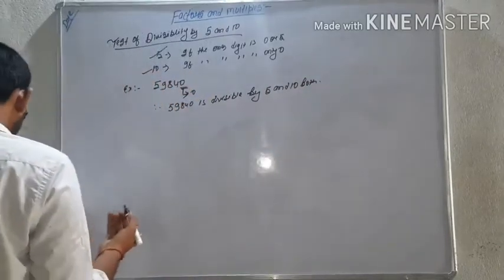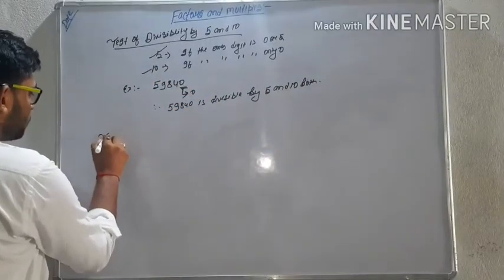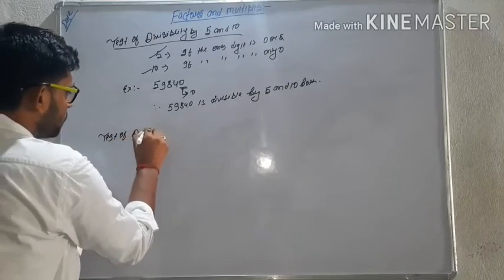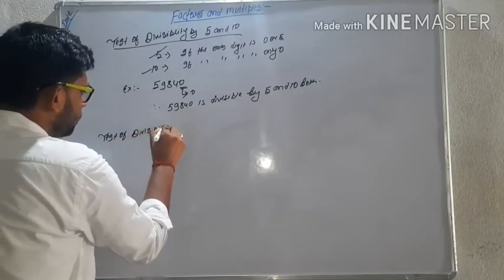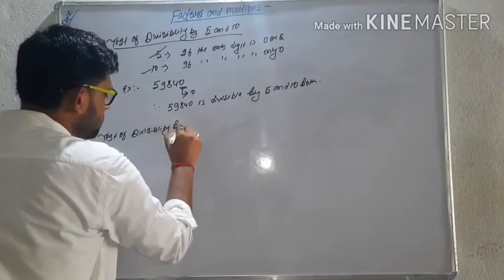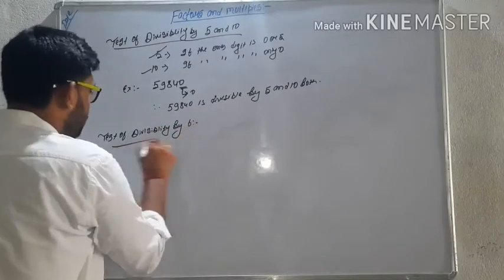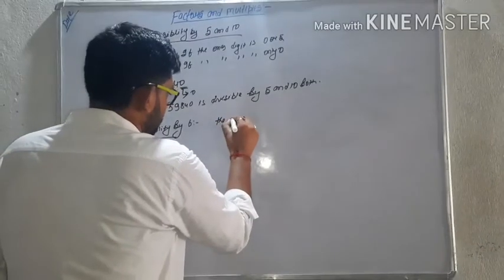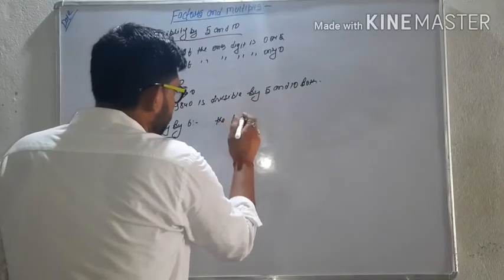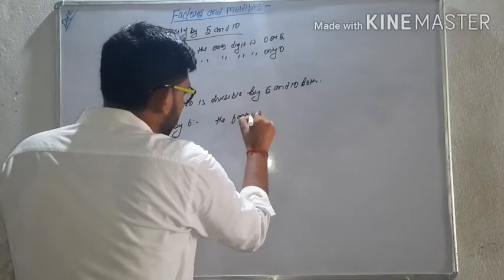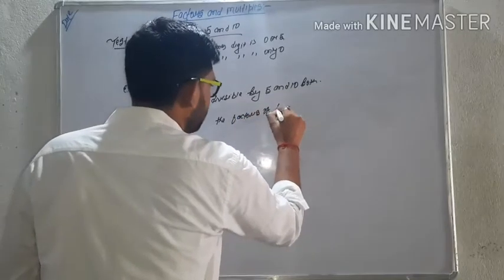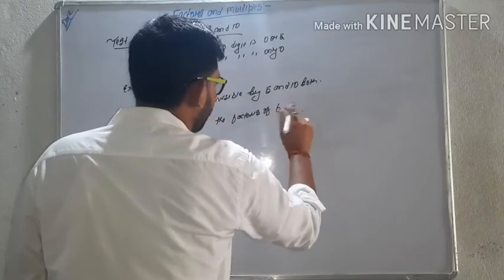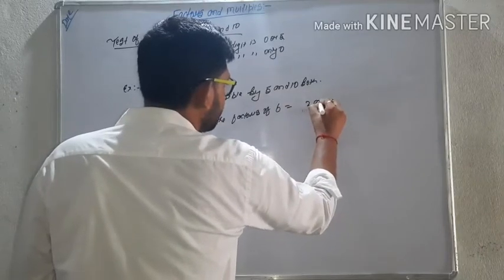Now, divisibility by 6. The factors of 6 are 1, 2 and 3.